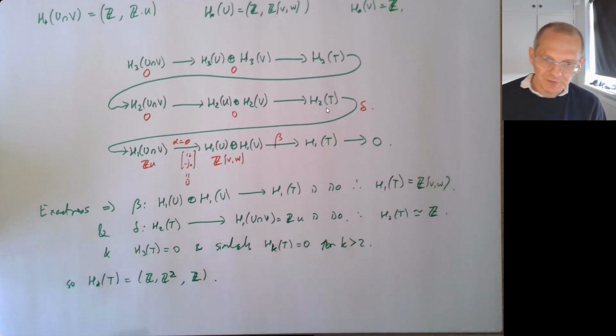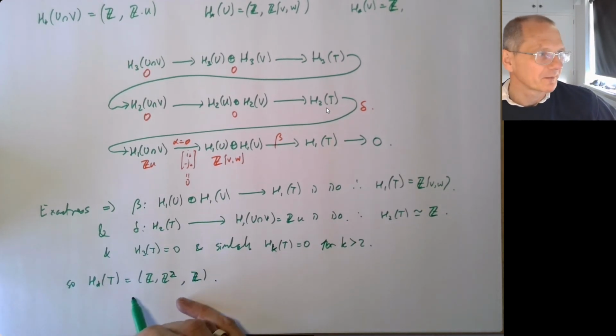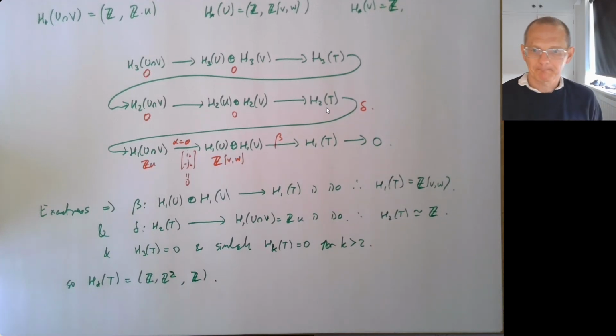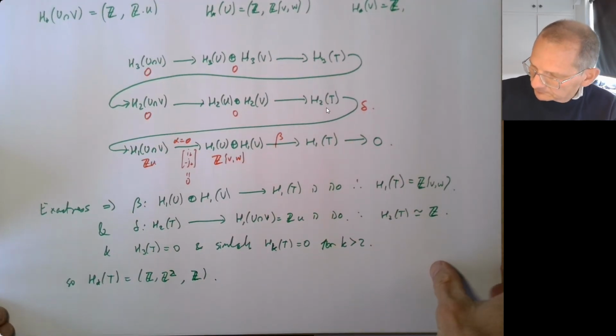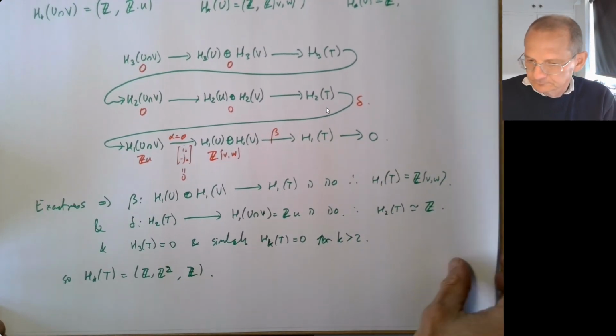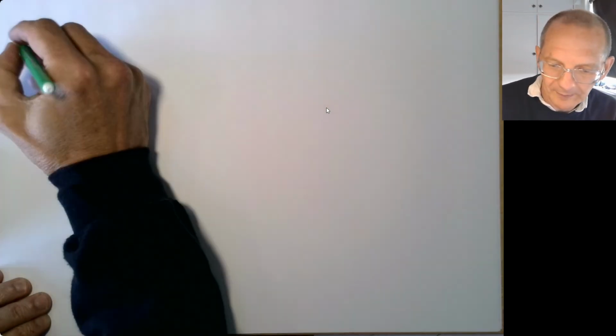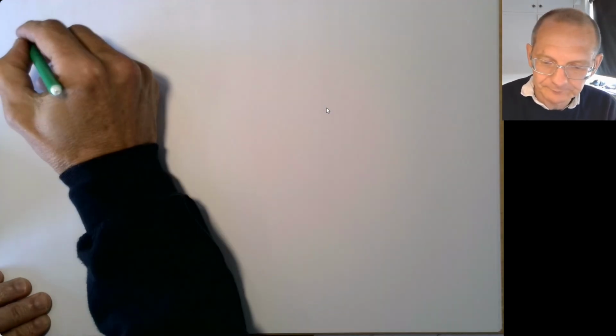So here's our conclusion: the homology of the standard torus, you get a Z, then a Z squared, then a Z. Okay, so that's one way of doing it. I'll mention quickly an alternative approach.